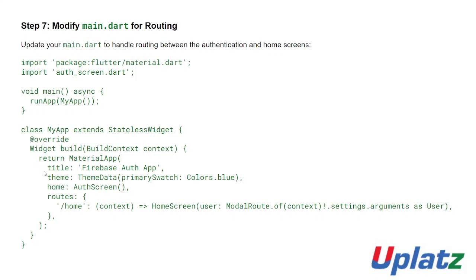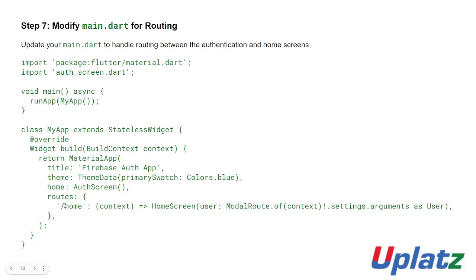Here is the MaterialApp. Title Firebase Auth App. Theme, just like we know. ThemeData, then within bracket, primarySwatch property of the ThemeData class, Colors.blue. Home AuthScreen. When it is there, it calls the auth screen. AuthScreen is there where you need to authenticate.